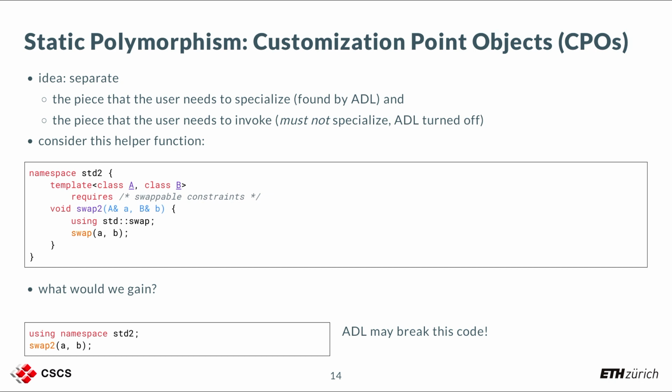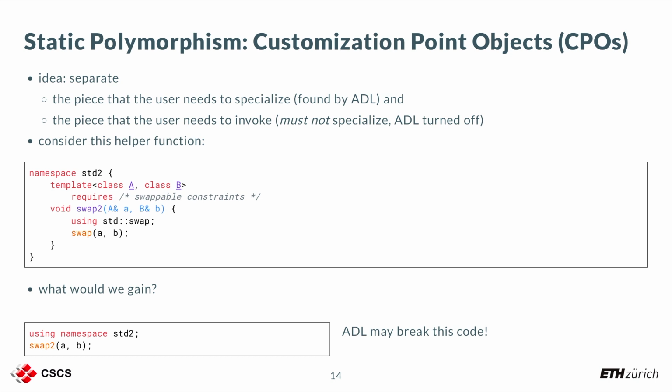This is a function, swap2, and it takes this proven way of doing things, but ties it together so that we don't forget to use the namespace. It's using the standard swap, and then an unqualified call to swap, so it goes either into the ADL found swap, or it's using the standard swap if it doesn't find anything.